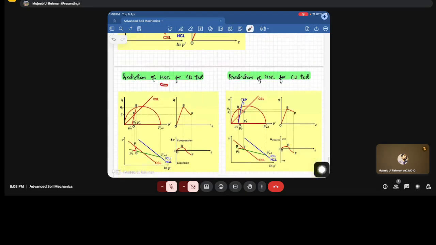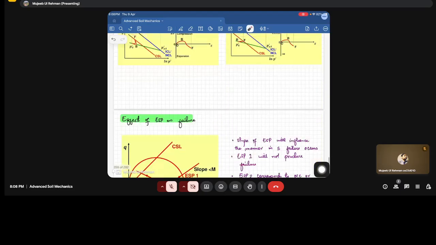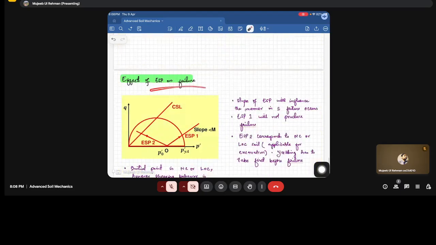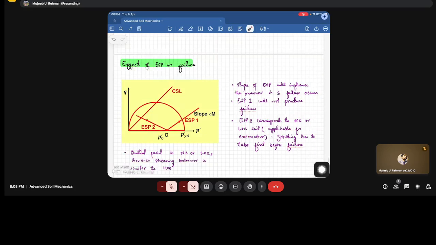Then the prediction of failure for HOC in terms of drained and undrained conditions. Then the effect of ESP, how the slope of the ESP affects the response. Even if it looks like NC or LOC, its response is more like a HOC, because it is going to yield first, and after that it will reach failure.